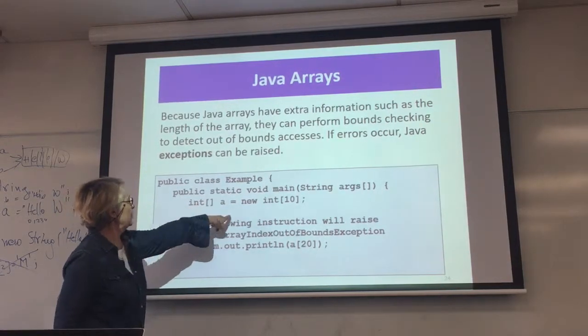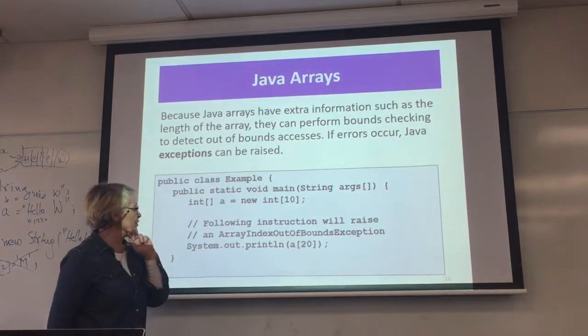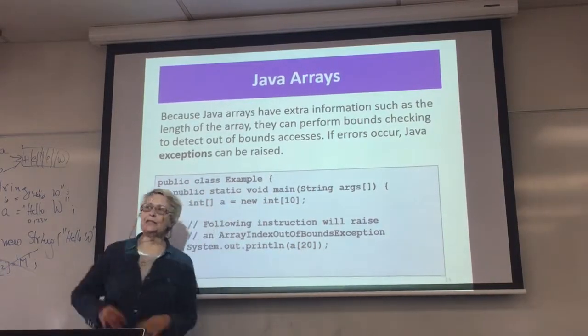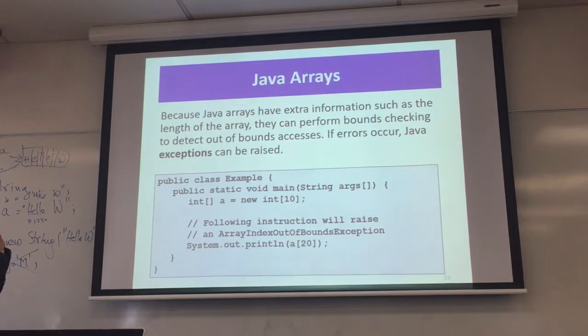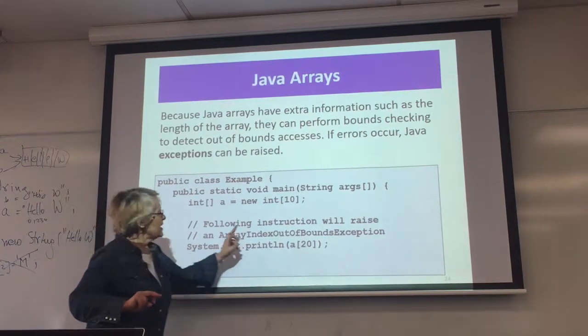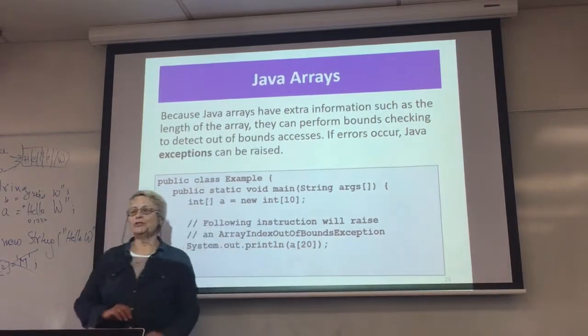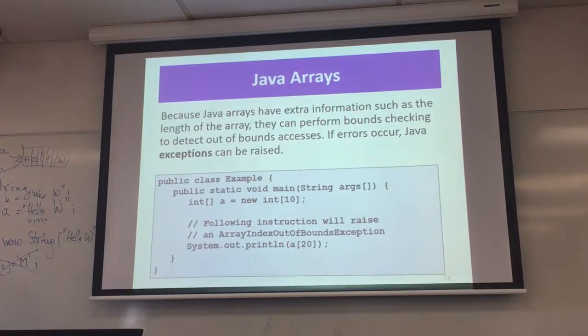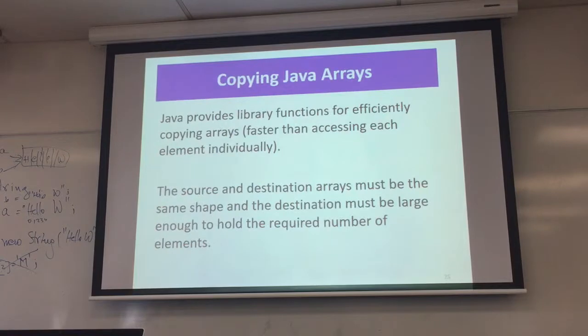For example, if we have an array of 10 elements and we try to access something outside the bound, an array index out of bound exception is triggered and it appears in red at runtime. Okay, so there are zillions of cases in which this appears. If the main function is not found and so on.